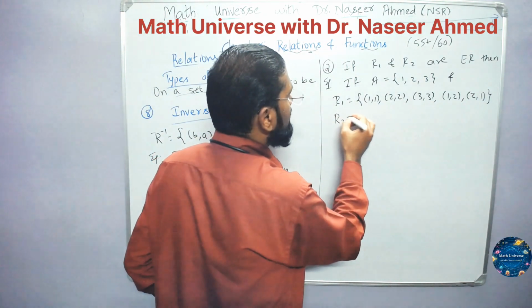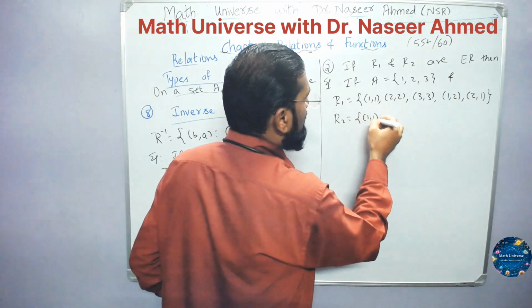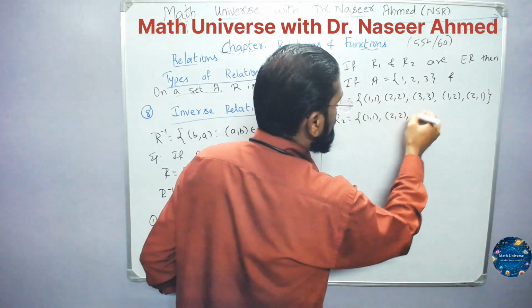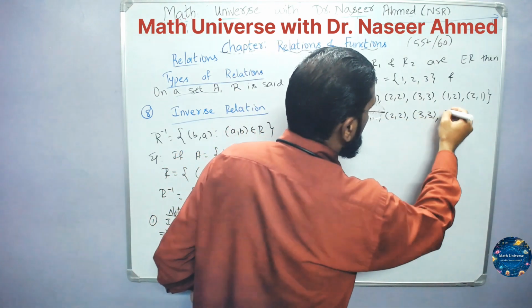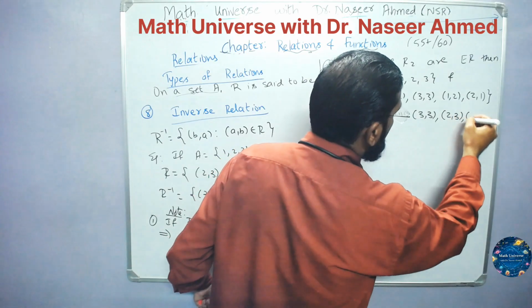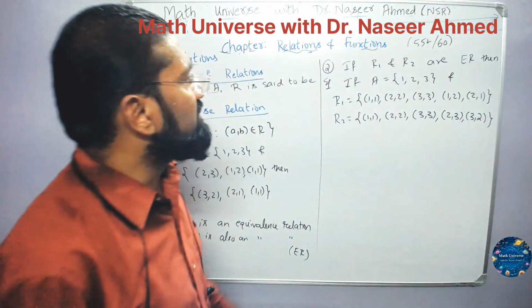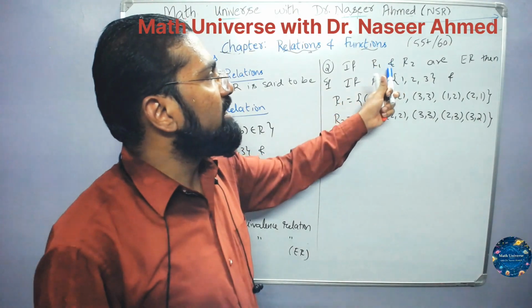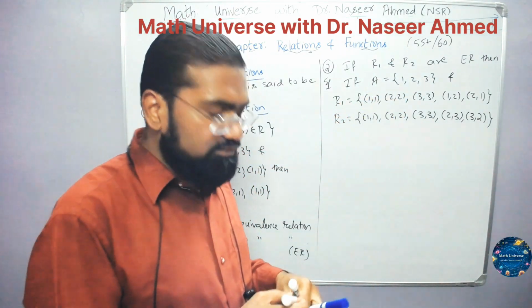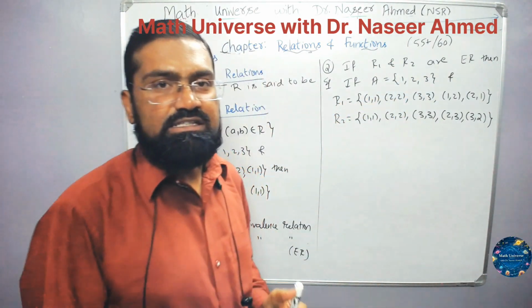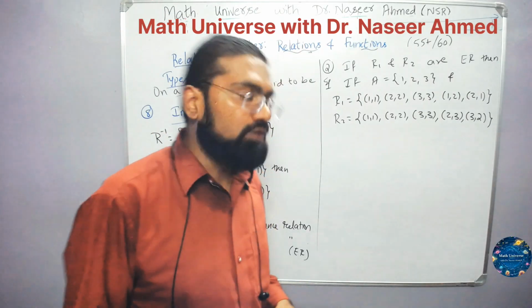Similarly, R2 will be 1 comma 1, 2 comma 2, 3 comma 3, 2 comma 3, 3 comma 2. Check whether these two relations are equivalence. Our assumption is that if two relations are equivalence, we just want to know about their union and intersection. Are they again equivalence or not?